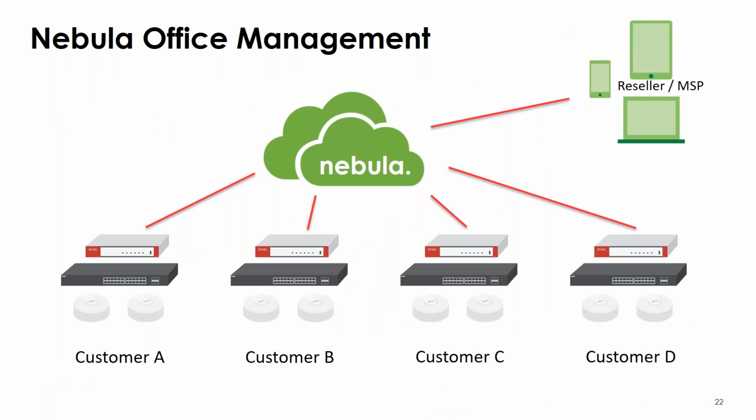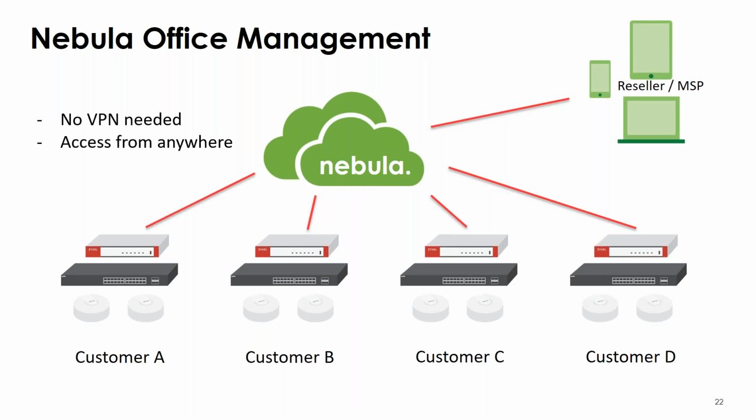From anywhere in the world, you can check on your smartphone, on your laptop, on your tablet, what is the status of my customer, and maybe I can assist them with some additional changes. So there's no VPN needed, and we can access all these setups from anywhere in the world.